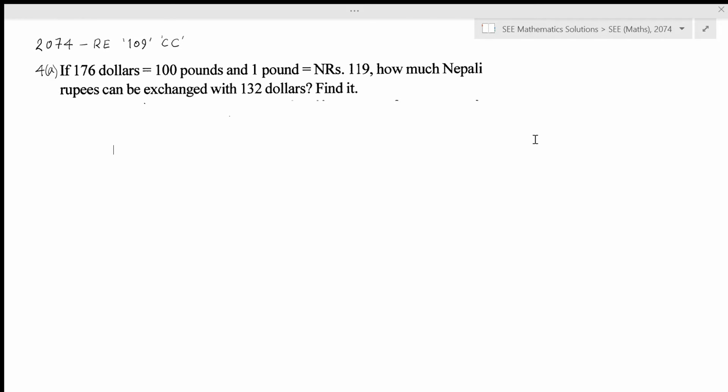In case of the problems from geometry, you might need to use one or two theorems. You will get 1 point for each theorem, and for the rest of the problems you have to write down the correct formula, substitute the values and get the correct answer. So you will get 2 marks for that.